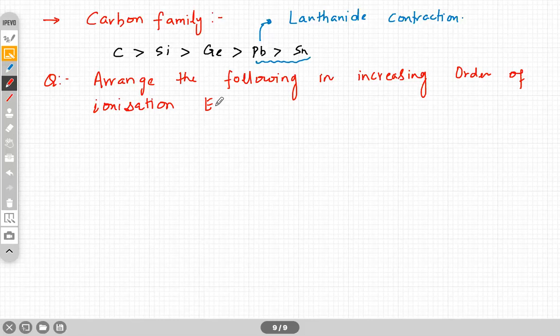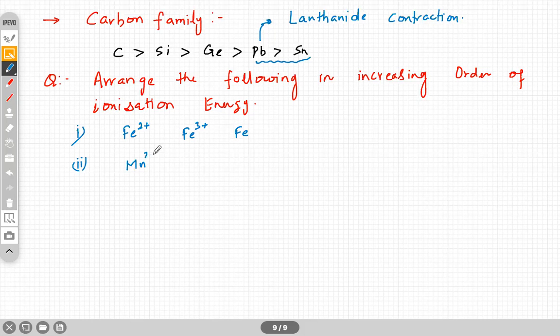The first one we have Fe2+, Fe3+, and Fe. Then Mn2+, Mn, Mn4+, Mn7+, Mn6+.